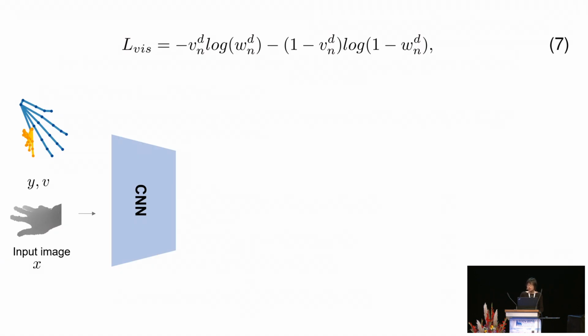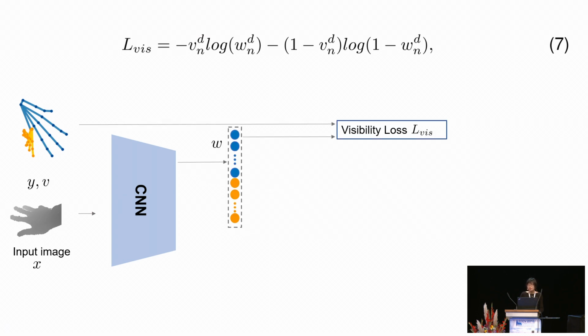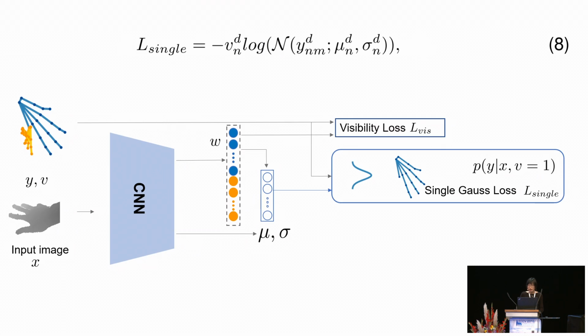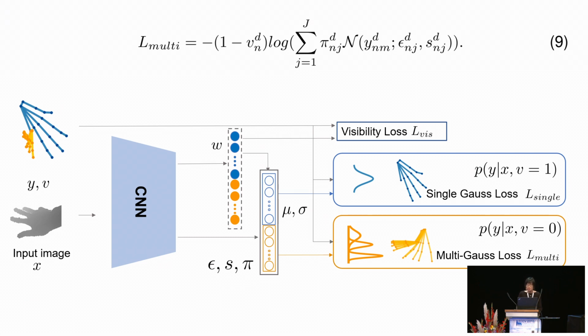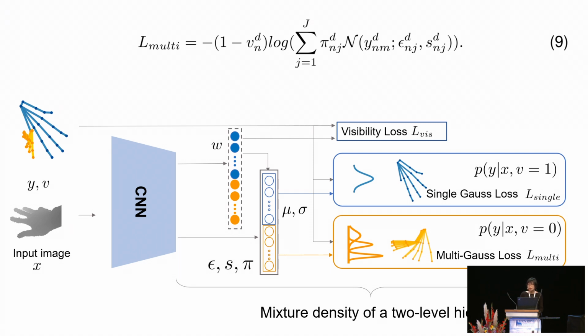The first term is used to train W. It is the probability of a joint being visible. The second term is to train the mean and the standard deviation of the single Gaussian model for the visible joints. The last term is to train the parameters for the multi-Gaussian model. It is to model the occluded joints. So till now, we have the architecture and the loss. We can just feed it with data for training.